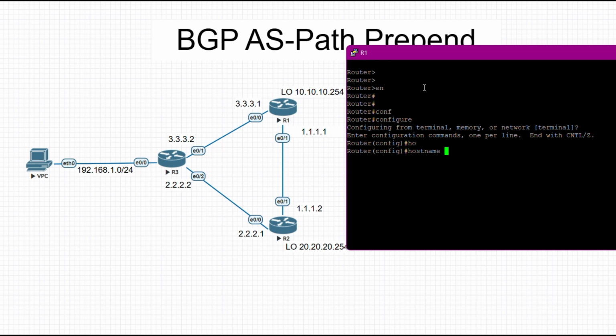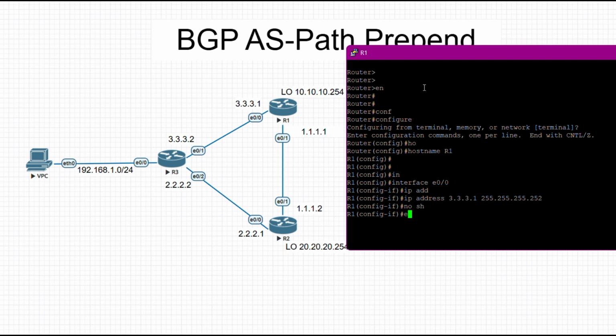So we need to configure all the interfaces. Facing R3, we will configure interface Ethernet E0/0. The IP address is 3.3.3.1/30. And to enable the interface, we need to type in no shut.